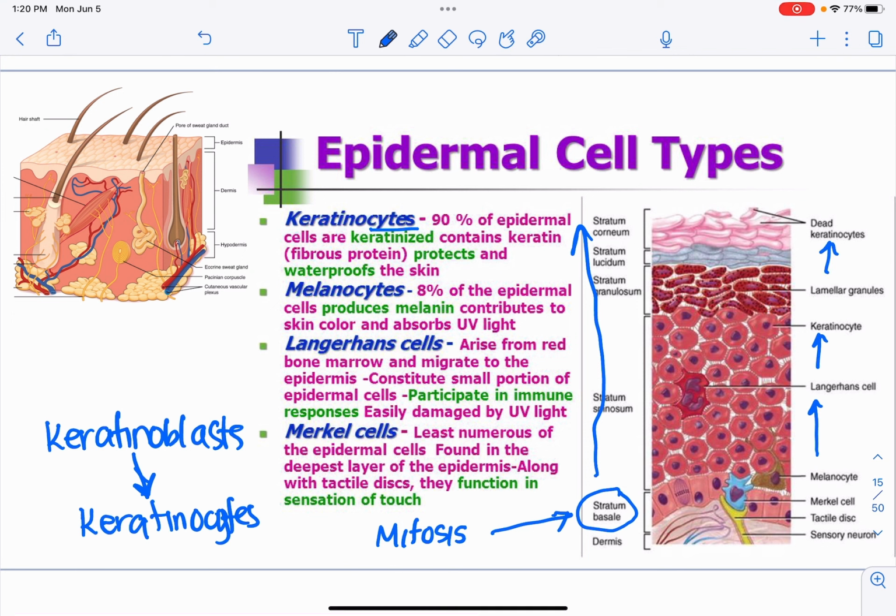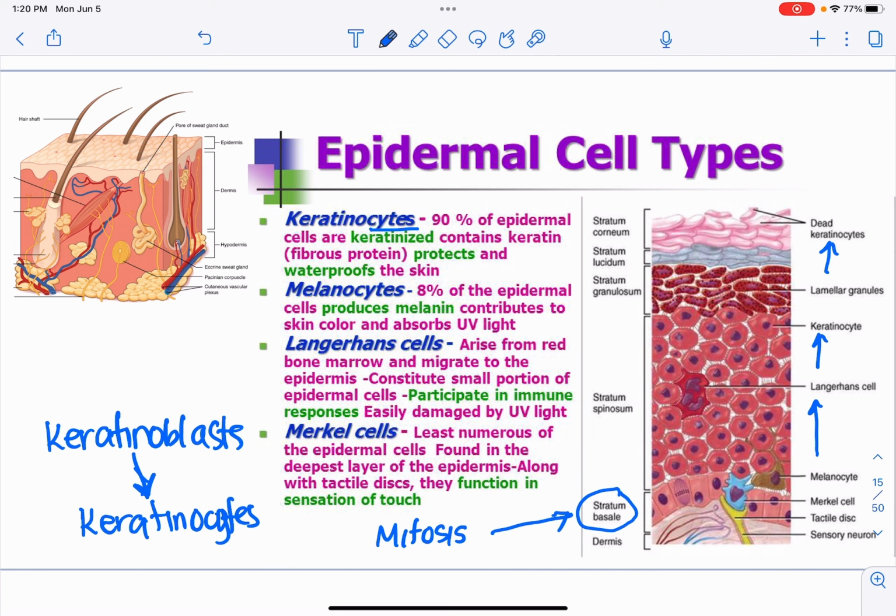So the skin, as we talked about, has a regenerative capacity. So it can regenerate itself, and it needs to regenerate itself because we shed a lot of skin. And so the layer that is responsible for the mitosis and the regeneration of skin is the stratum basale.